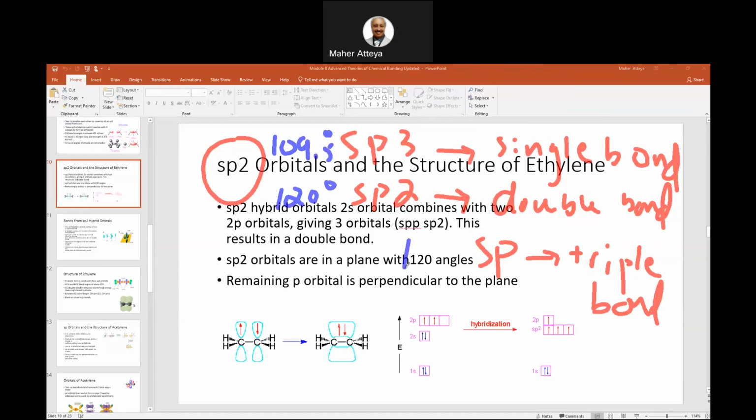And this is 180 degrees. So this is linear, and sp2 is trigonal planar, and this is tetrahedral.